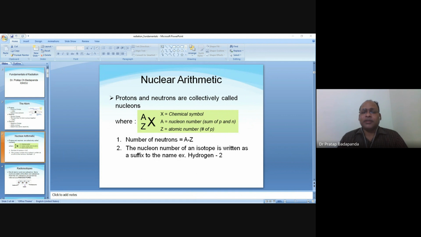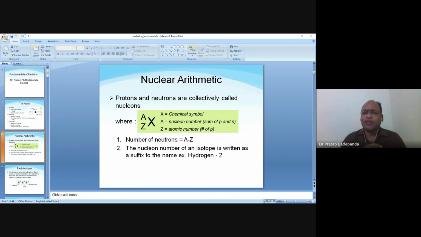Individually you can say proton and neutron, but in combination you say nucleons. Here, A is the nuclear number, or you can say the atomic mass, Z is equal to the atomic number, and X is the chemical symbol. In the middle you write the chemical symbol, maybe hydrogen, helium, lithium, whatever it may be.